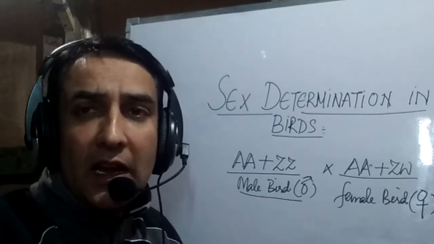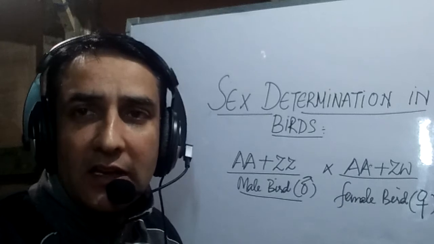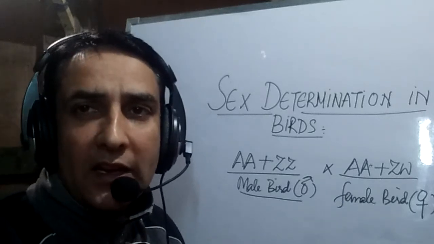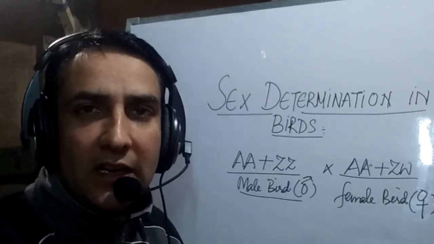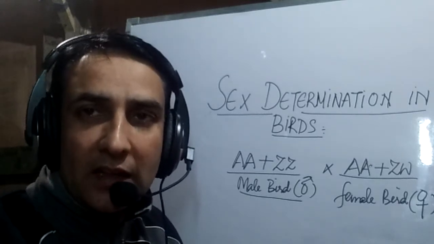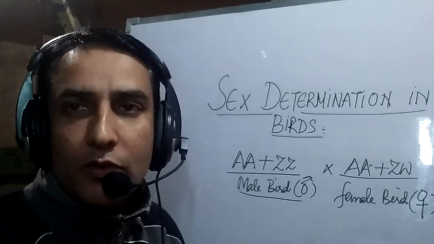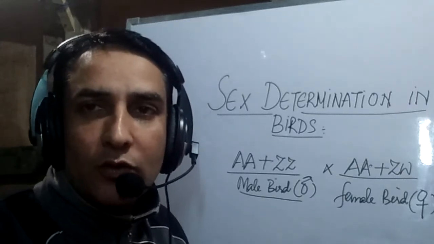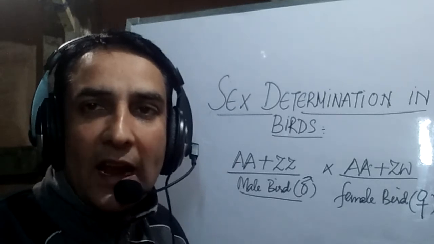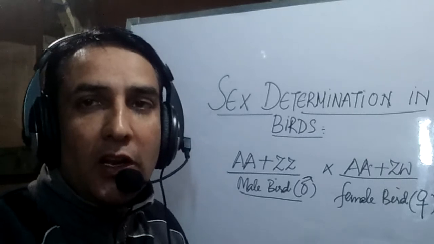Again, in mammalian females there is an XX pair of sex chromosomes, whereas in avian females there is a ZW pair. So the mammalian females are homomorphic with respect to the sex chromosomes, whereas the avian females are heteromorphic.